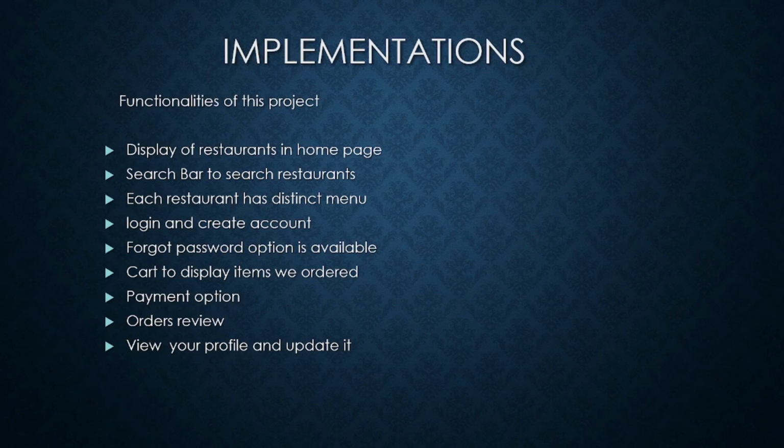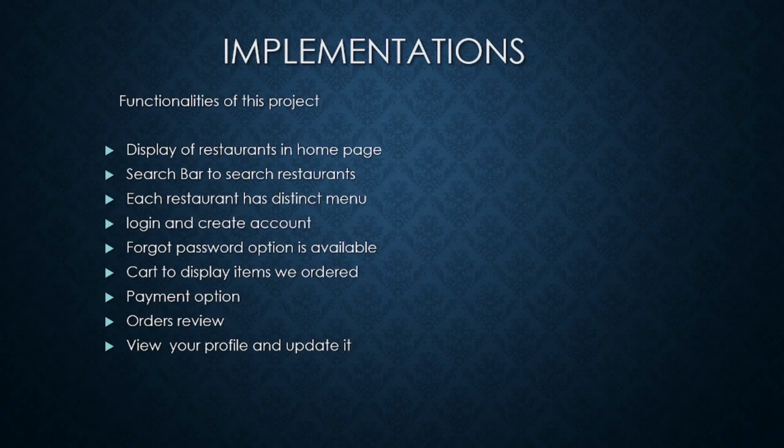These are all the functionalities which we implement in our project, where we can display our restaurants on the home page. We can use the search bar to search the restaurants, and each restaurant is displayed with a distinct menu. And we have create account or login, where if you are a new user, we can create a new account and log in, or if you are an already registered user, then we can log in.